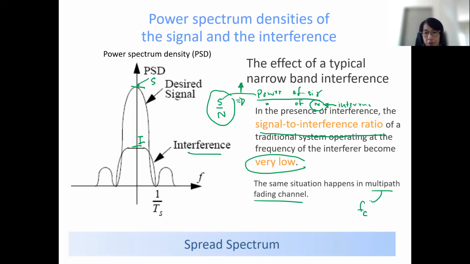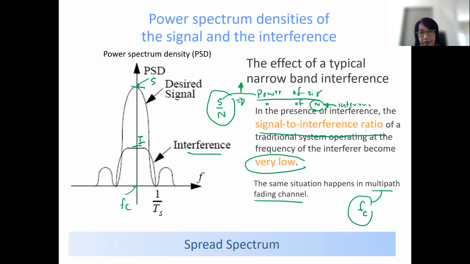So the frequency of your signal and the other version of your signal will be the same. So this may happen also, and the SNR, or S to interference ratio, is very low.